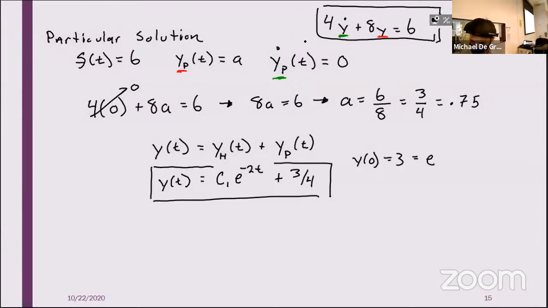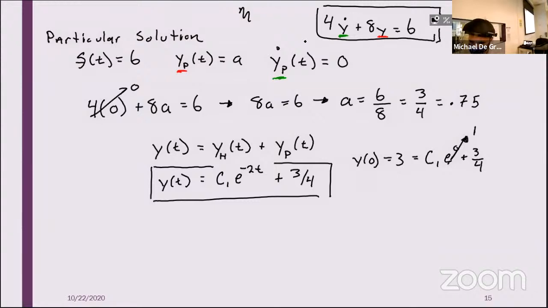So this means that we have C1 e to the 0, because time is equal to 0 for my initial condition, y of 0, plus 3/4. Well, hey, this becomes 1.